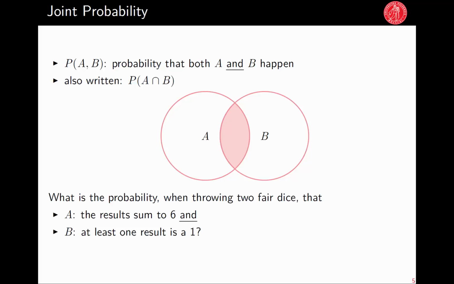So for example, when throwing two fair dice, that is where the probability of each outcome is 1/6, we might define an event A as the results of the two throws sum to 6, and B as at least one of them is a 1.